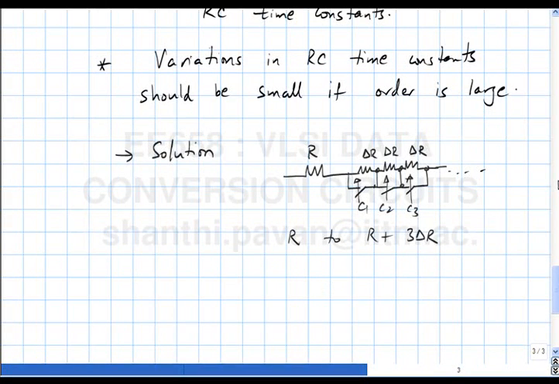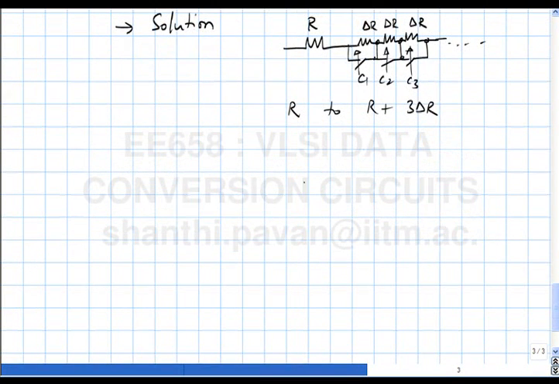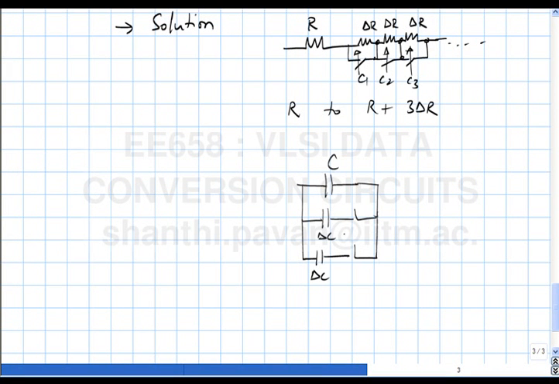Another way of doing this is to change the capacitors instead. So you have the main capacitor, and then you have all these delta C's.